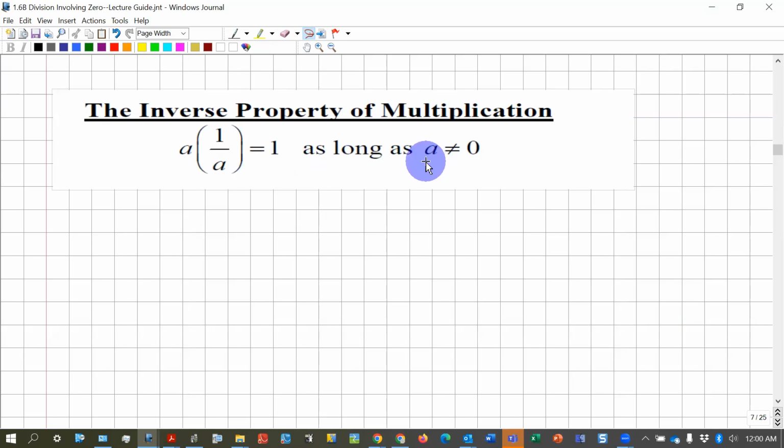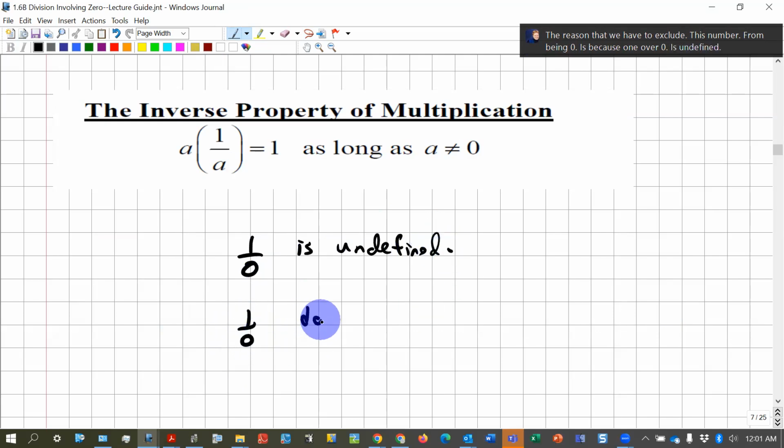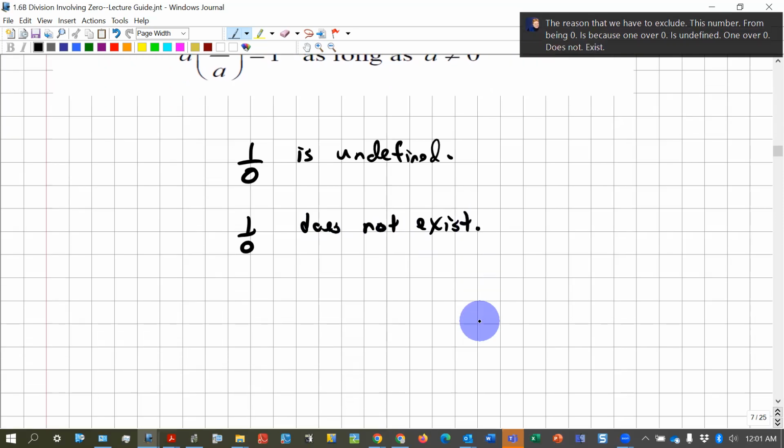The reason that we have to exclude this number from being 0 is because 1/0 is undefined. 1/0 does not exist. So 0 does not have a reciprocal.